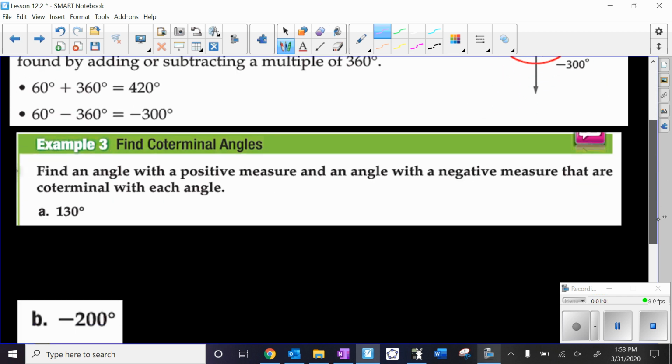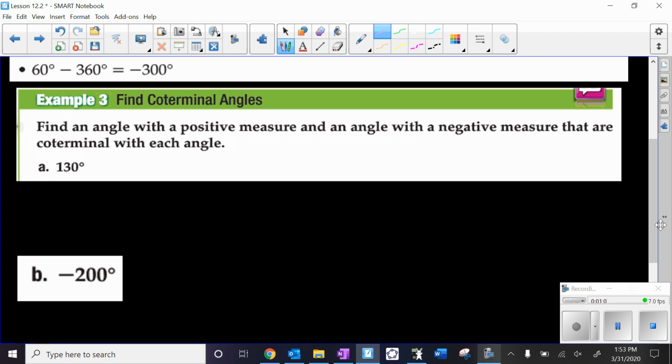And that's what I'm going to ask you to find in example 3. Find an angle with a positive measure and an angle with a negative measure that are coterminal with each angle. And that comes from just adding on 360 and subtracting 360. So I want to take 130 plus 360. That will give me a positive angle measure, which in this case would be 490 degrees.